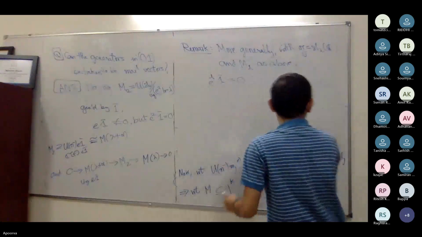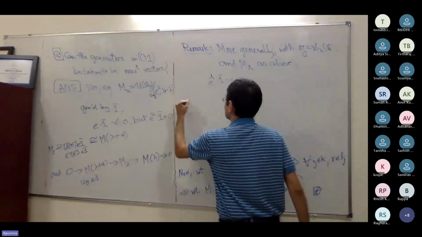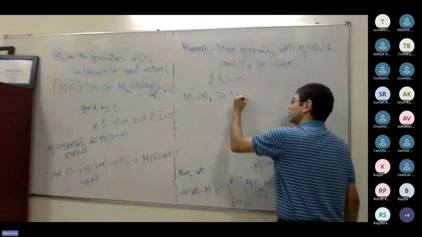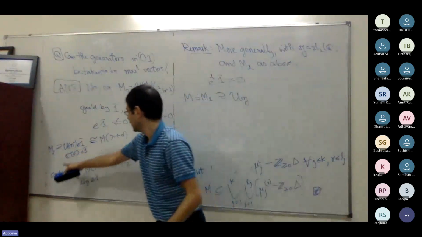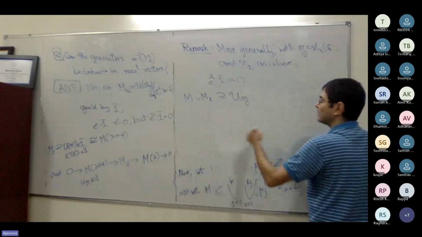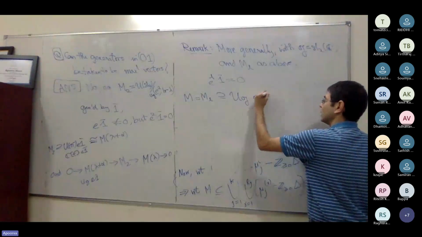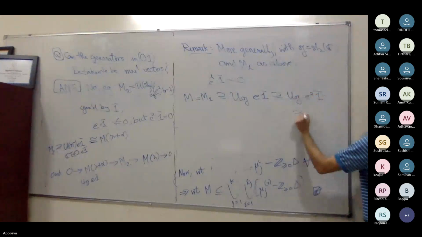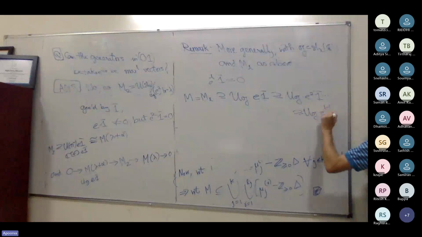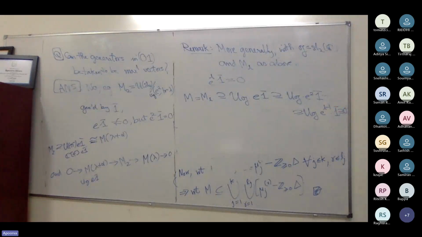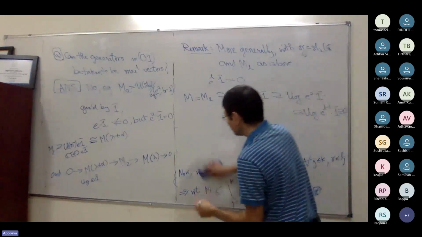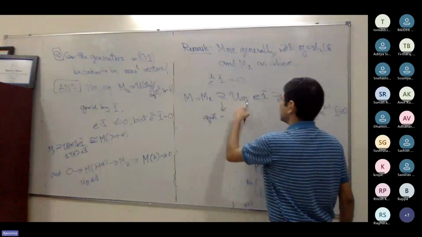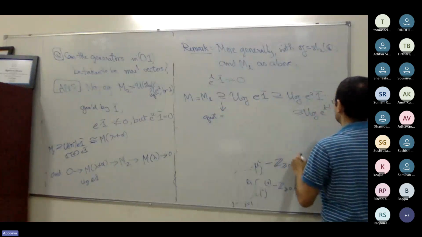So we get that M equals M_L contains the module generated by U G times E 1 bar, which contains U G times E squared 1 bar, which contains U G times E power L minus 1 times 1 bar, which contains 0. And the subquotients: here the quotient I know.